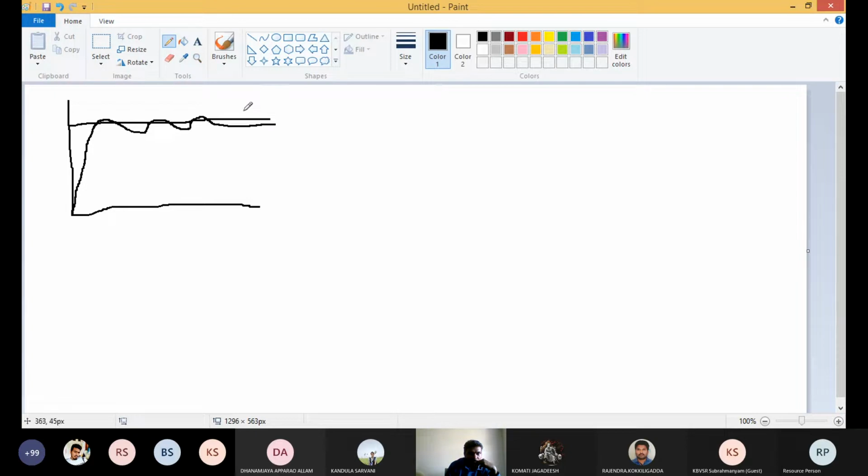That means the deviation between this desired output and the present output is called the error. After some time, by using the controller, your response may change like this. This much is the steady state error. But after some instant of time, you may achieve some reduction in the steady state error.